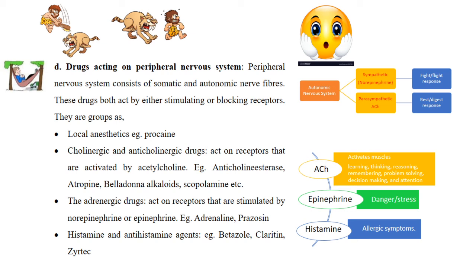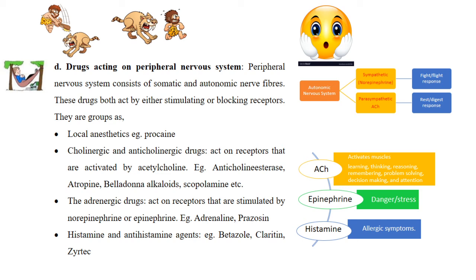But if this reaction is hyper, if hypersensitivity is experienced, abnormal excess release of histamine will occur, and because of this, unwanted allergic symptoms will be faced. To control these allergic symptoms, we can use antihistamines that will control this histamine release.